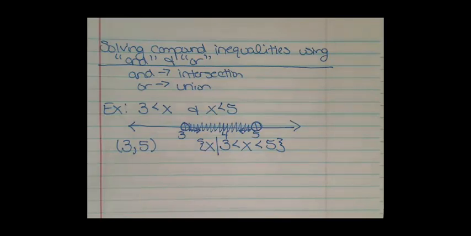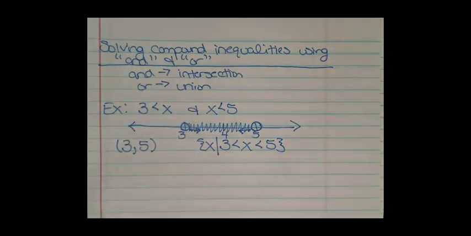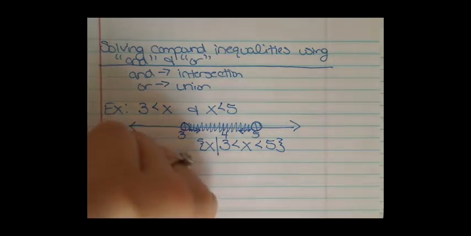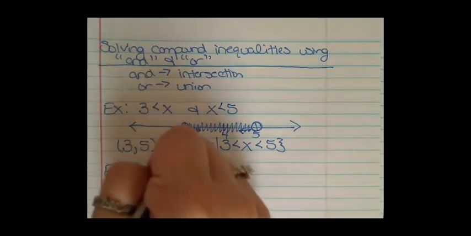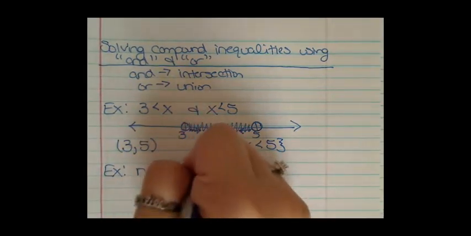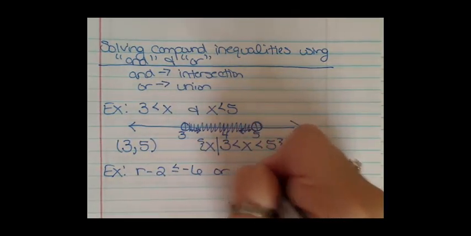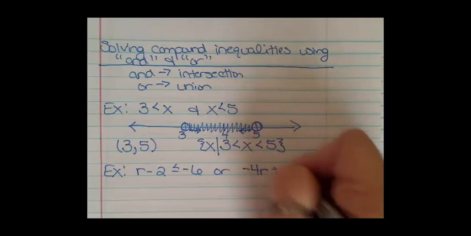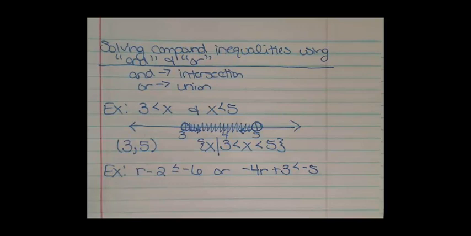Example, we have r minus 2 is less than or equal to negative 6, or negative 4r plus 3 is less than negative 5. These problems aren't worked out, so that means we need to simplify these before we can actually play with them and get them in the right notations. So on the left, I'm going to add 2 to both sides, and that'll give me r is less than or equal to negative 4, or I need to reduce this side.